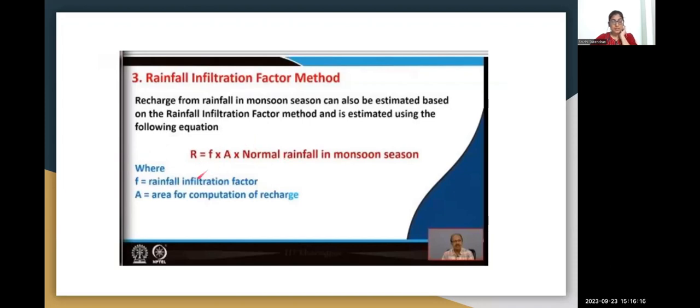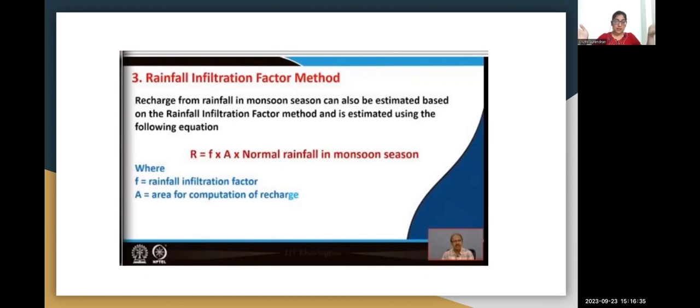The formula is as shown here, F into A into normal rainfall in monsoon season, where F is the rainfall infiltration factor, A is the area for which the recharge is being computed, and normal rainfall in monsoon season. We had discussed what normal rainfall was in the last session.